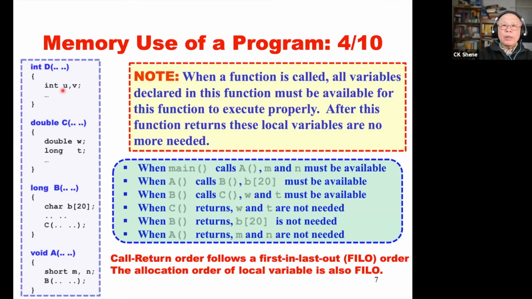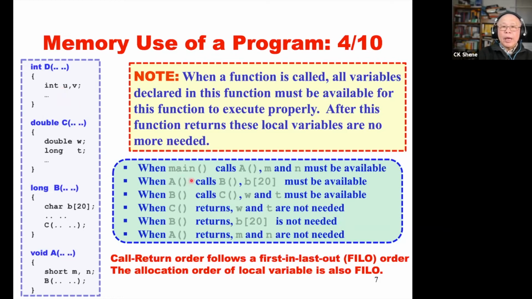So the existence of local variables of a function goes as follows. When that function is called and the control enters that function, before the first statement of that function can be executed, all of these local variables must be allocated. Then the function starts its execution. Upon return, all of those local variables can be erased because I don't need to use them.